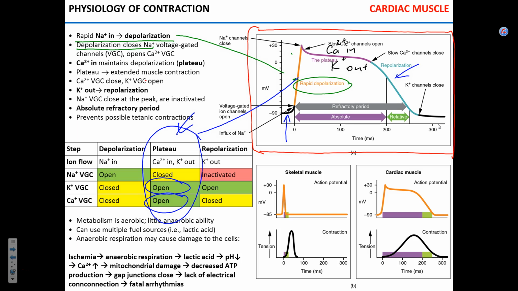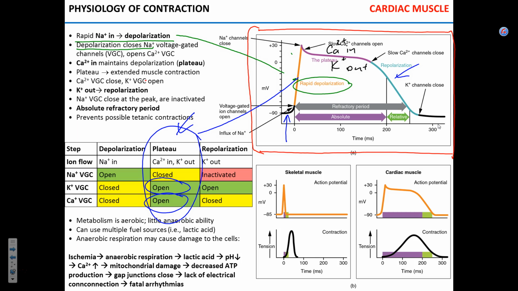Does that make sense? Now you can say, hold on a second. Why we don't have a rapid repolarization of the cell? Well, calcium carries two charges, and although the channel is slow, two charges is twice as much as one, right?